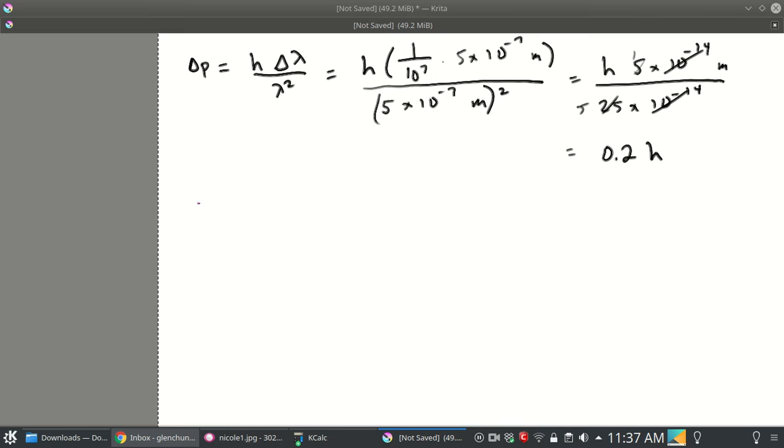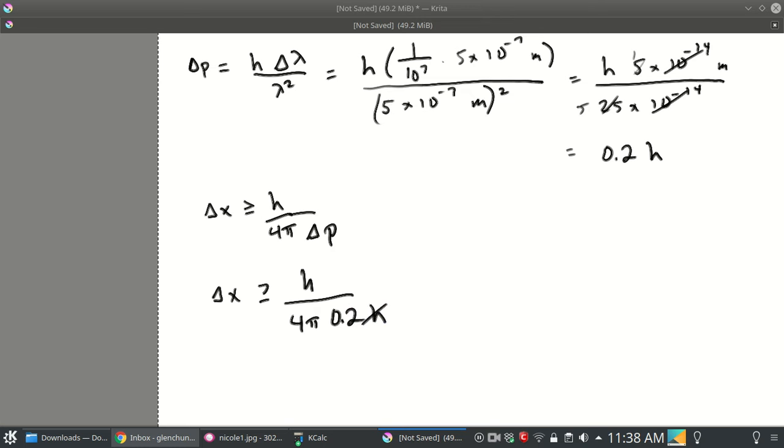All right, so the delta x is greater than or equal to h over 4 pi divided by delta p. So the delta x is greater than or equal to h over 4 pi 0.2h. So the h's cancel, and I got 0.8 down here.